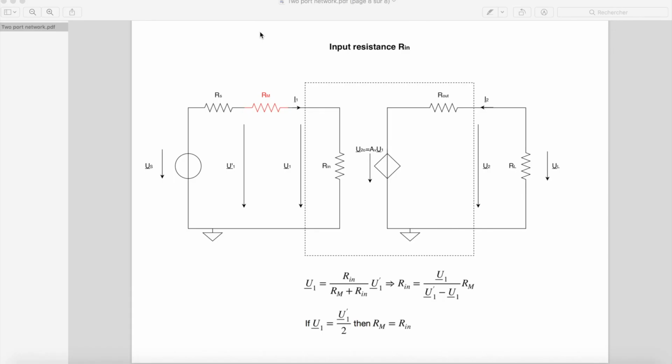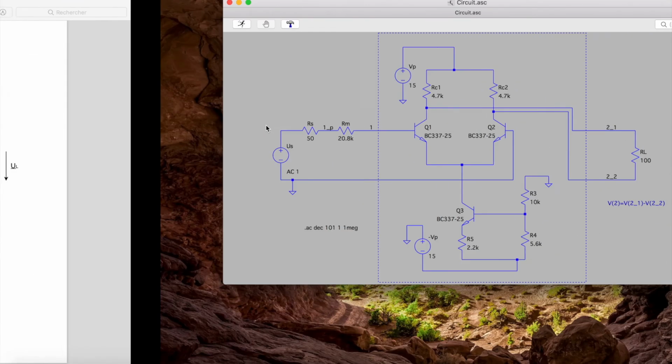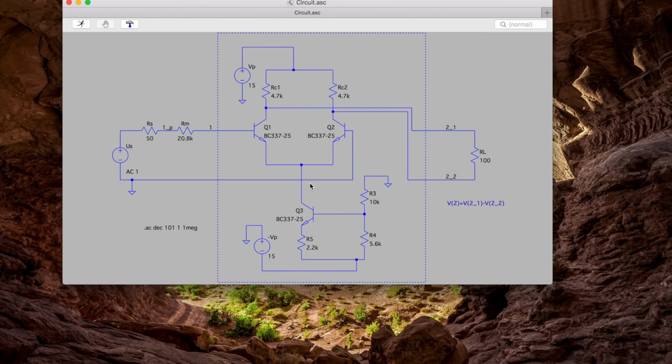When you do this kind of experiment, it is generally better not to be satisfied with only one result, because sometimes we may have some surprise. For example, if we try to calculate the input resistance with this technique we've already seen for the output resistance, Rm will unbalance the symmetry of the circuit in the two-port network and modify its properties and its input resistance.